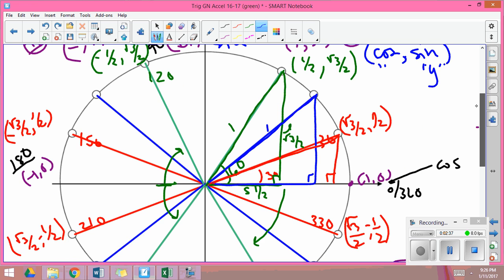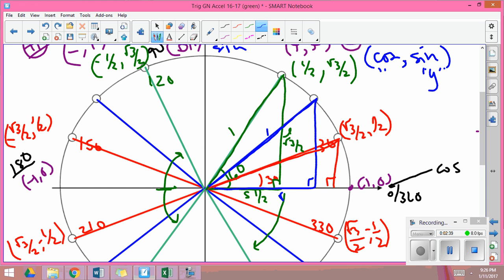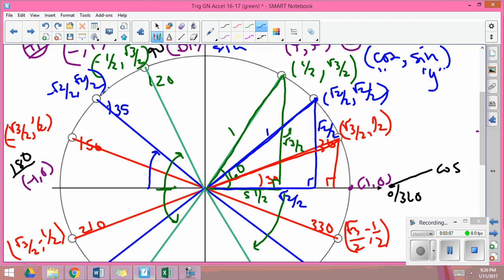So when I think about how much I'm going over, square root of 2 over 2, how much do I go up? Square root of 2 over 2. These coordinates are at square root of 2 over 2, square root of 2 over 2, all the way around. So now if I'm at 180 and I subtract 45, I'm at 135, and I am at negative square root of 2 over 2, positive square root of 2 over 2.